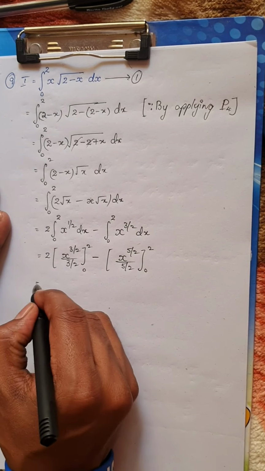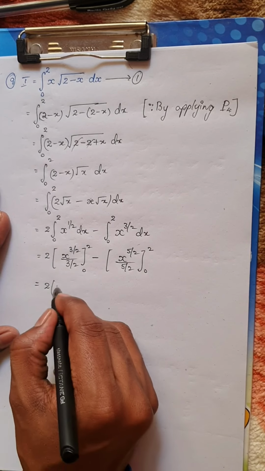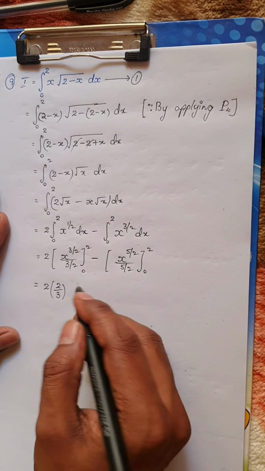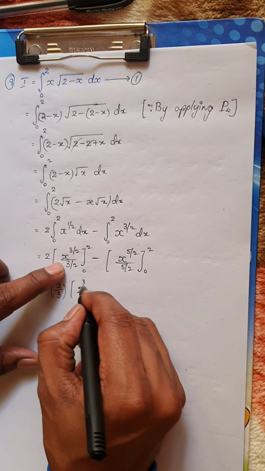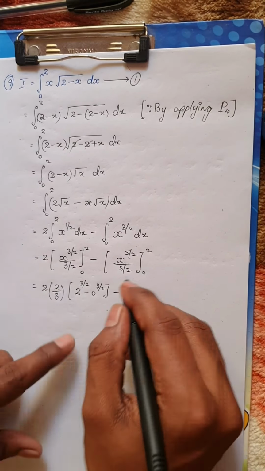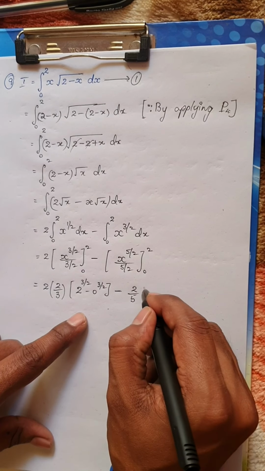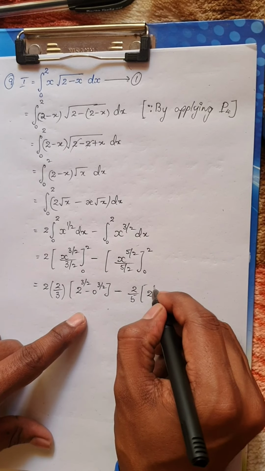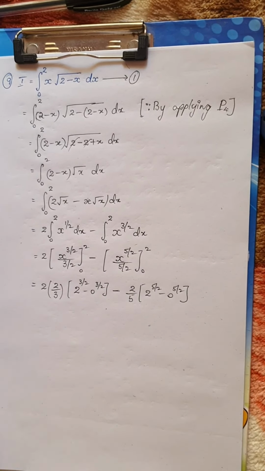So this is 2 into, the reciprocal of 3 by 2 is 2 by 3, into, applying the limits, 2 power 3 by 2 minus 0 power 3 by 2, minus again the reciprocal of 5 by 2 is 2 by 5 into 2 power 5 by 2 minus 0 power 5 by 2.